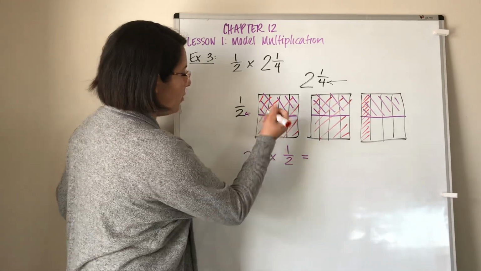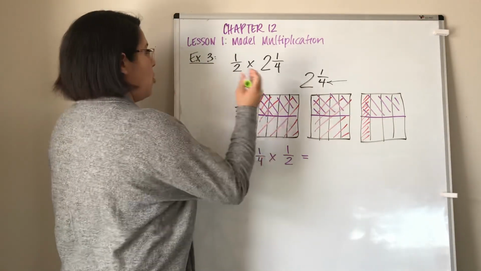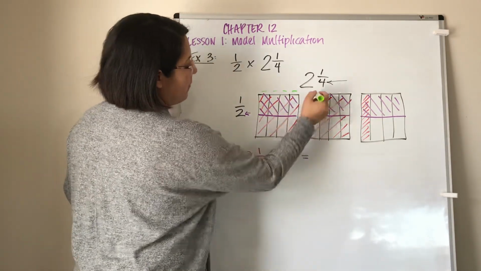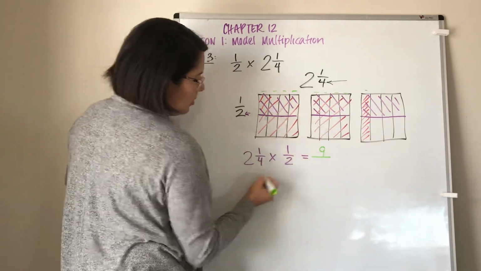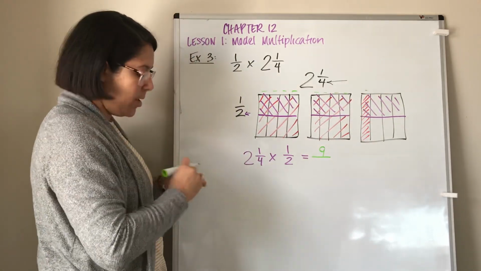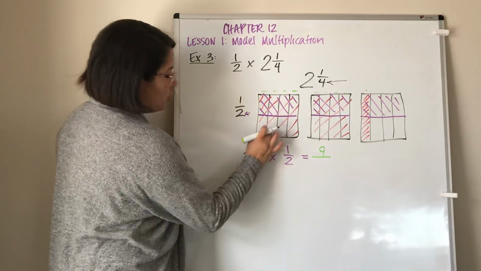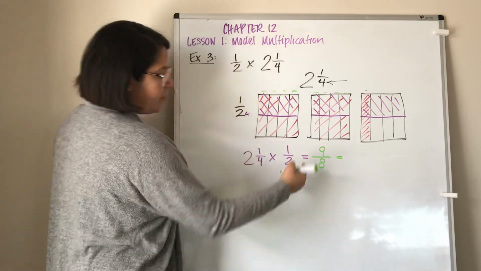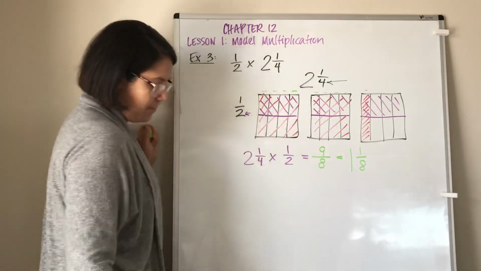How many do we have that are double shaded? 1, 2, this is double, 3, double, 4, 5, 6, 7, 8, and 9. 9, and remember, how many parts do I have in my 1 square? 1, 2, 3, 4, 5, 6, 7, 8. Need to divide that. You get 1 and 1/8.